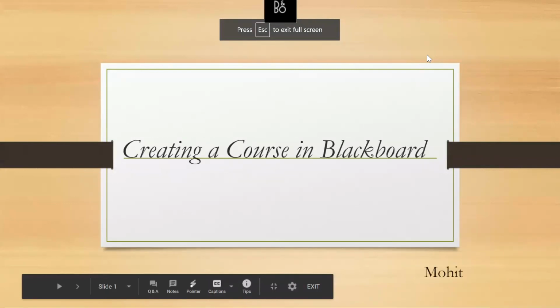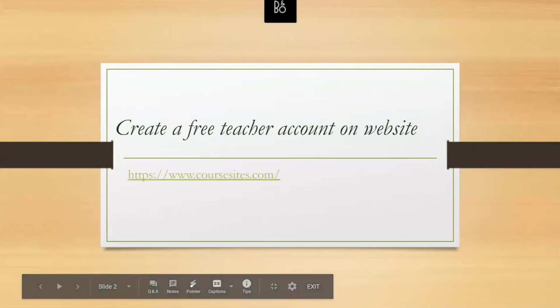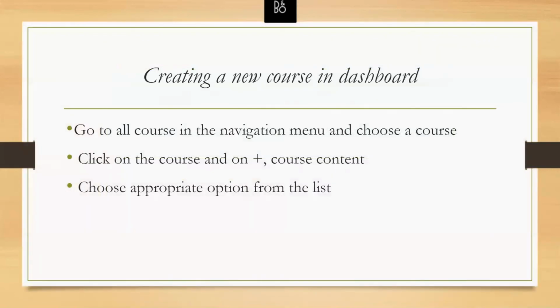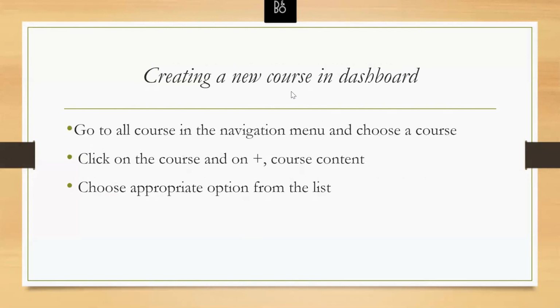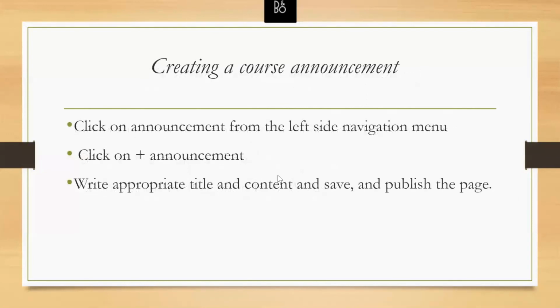So we just talked about the website where we can go and create a free teacher account, and then creating a new course in the dashboard. We went to our dashboard and we saw different courses there, and clicked on the courses and plus icon. Then you can create content for a specific course, choosing an appropriate option from the list.